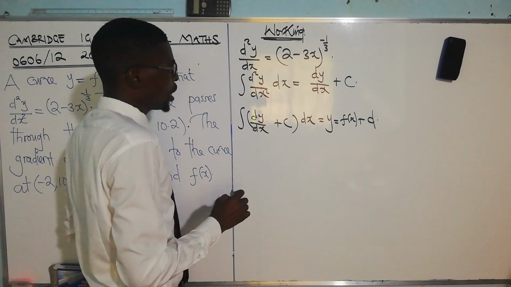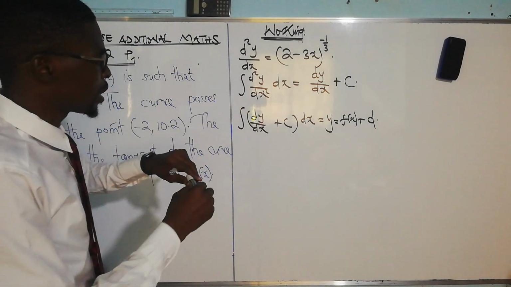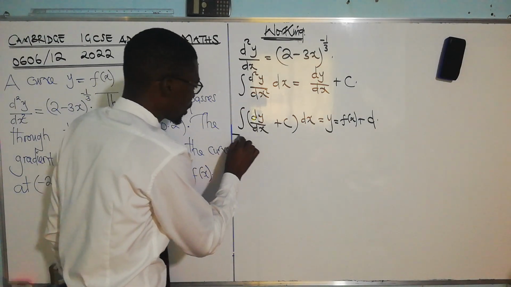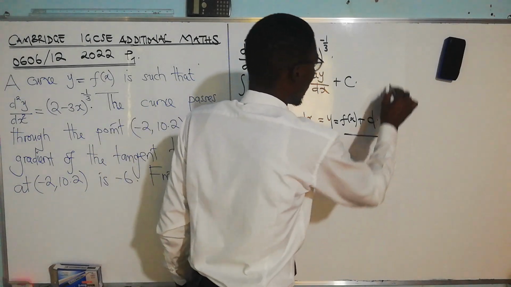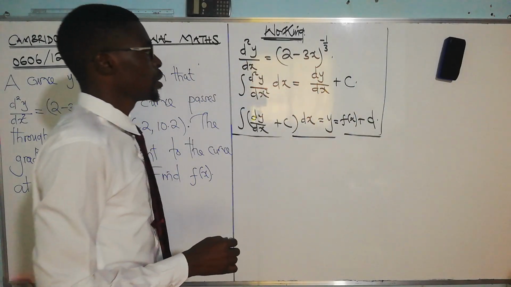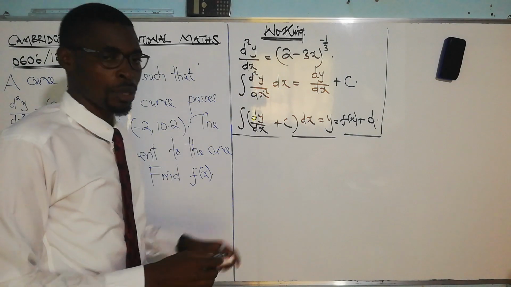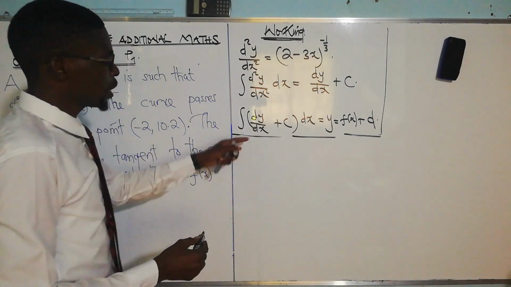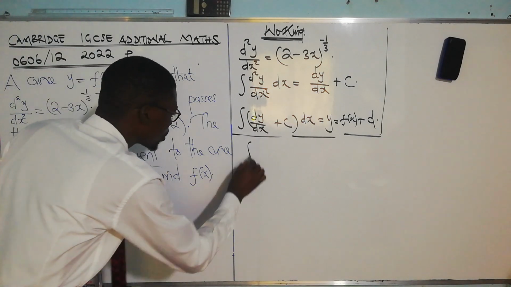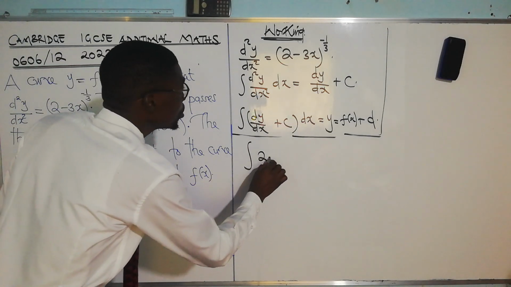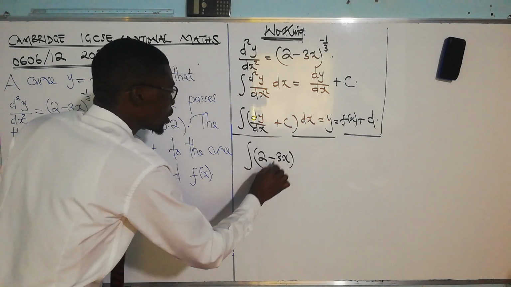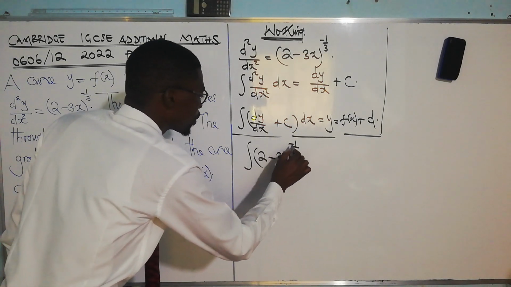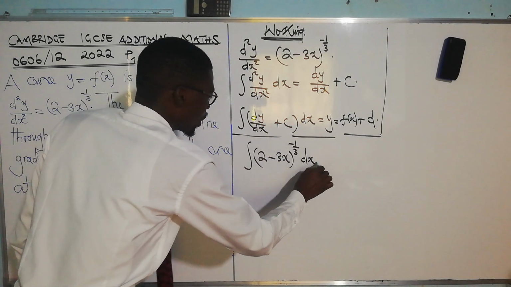Our aim is first to integrate that. So let us start by integrating the second derivative of y with respect to x. So we want to integrate 2 minus 3x to the power negative 1 over 3 with respect to x.